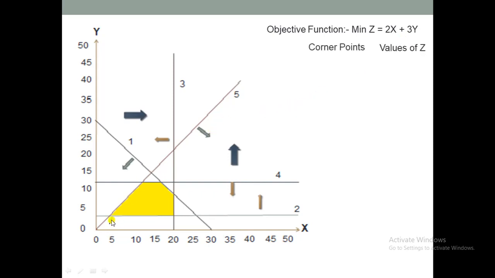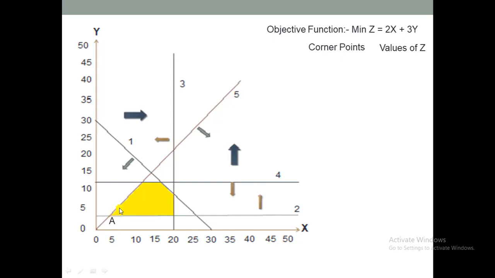So the first corner point is A. Already I have told you to just solve the equations of the two lines where there is a crossing point, and you will get the coordinates. Otherwise, whenever we plot these lines on a graph, we can easily get the coordinates by moving parallel to the x and y axes. Here we know this is a line parallel to the x axis with y equal to 3.